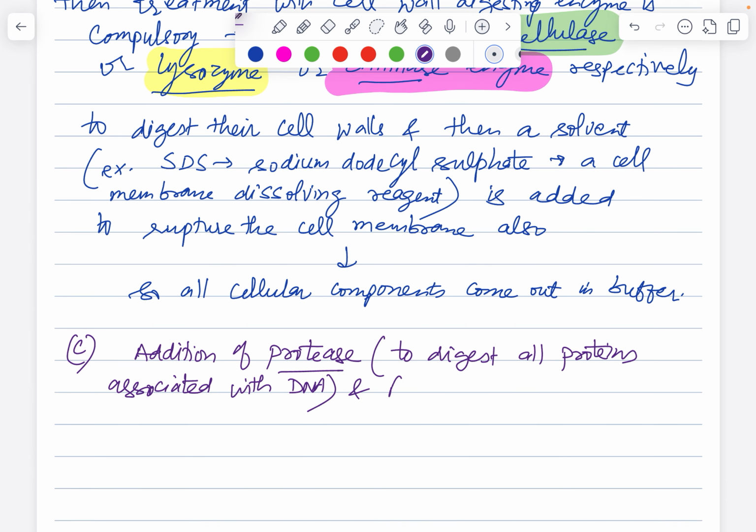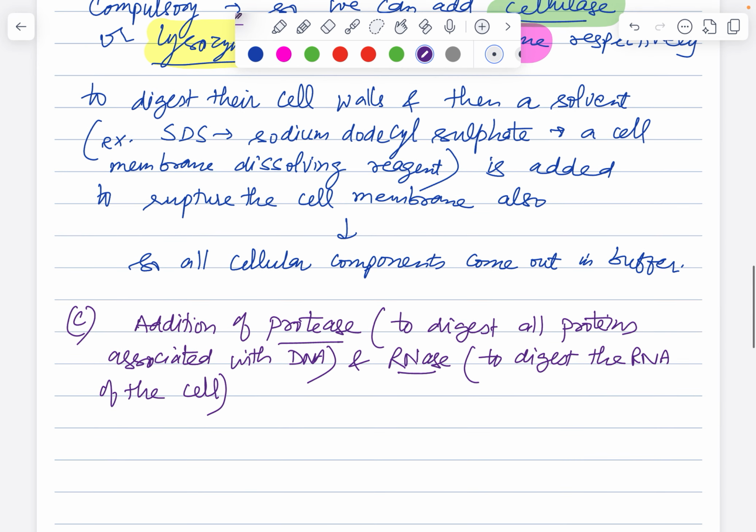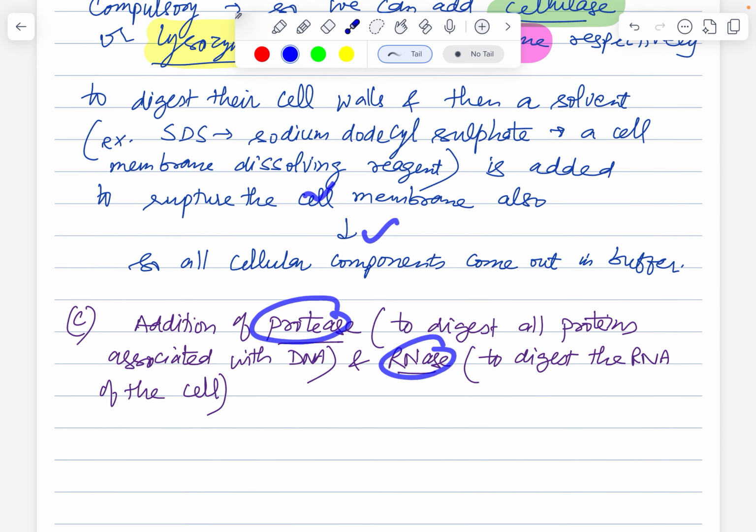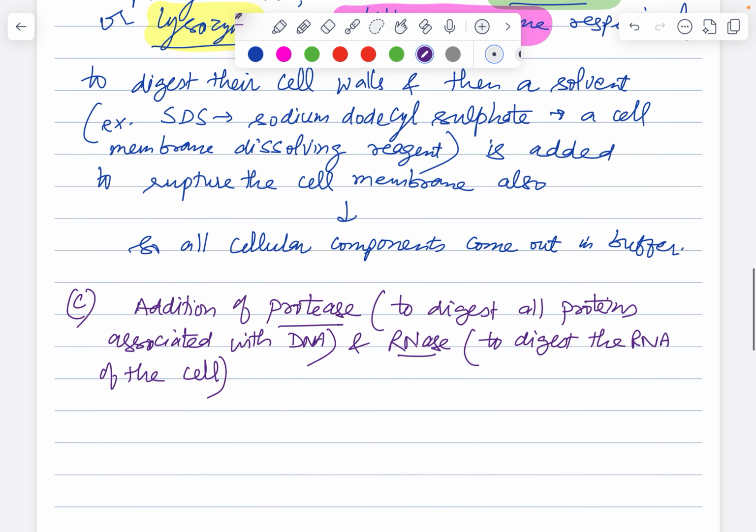There is RNA also. So I will add RNase as well. RNase is to digest the RNA of the cell. So after taking out all the cellular components in the buffer, I'll add proteases and RNase also to the same test tube.